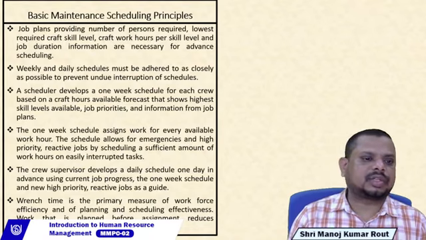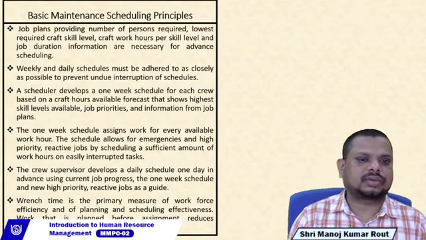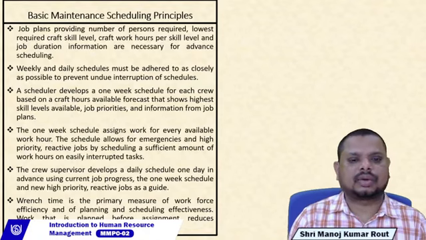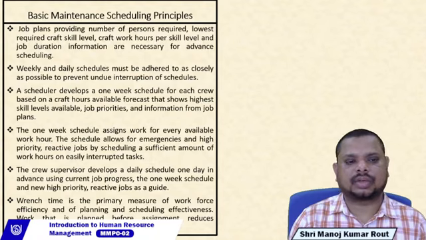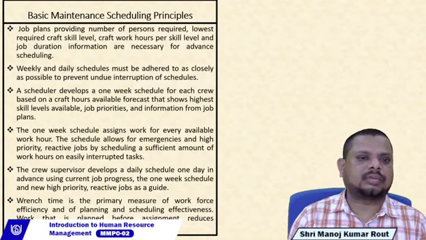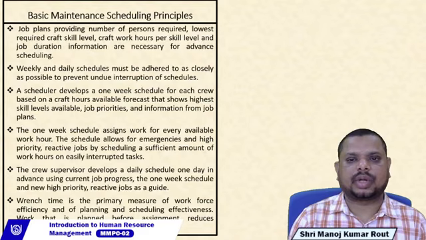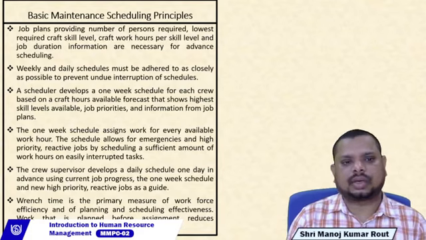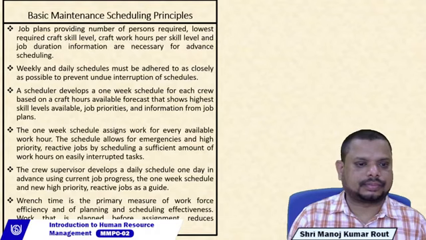The second principle is that weekly and daily schedules must be adhered to as closely as possible to prevent undue interruption of schedules. That is why the maintenance schedule should depend upon a weekly basis as well as a daily basis, and schedules should be adhered to closely.